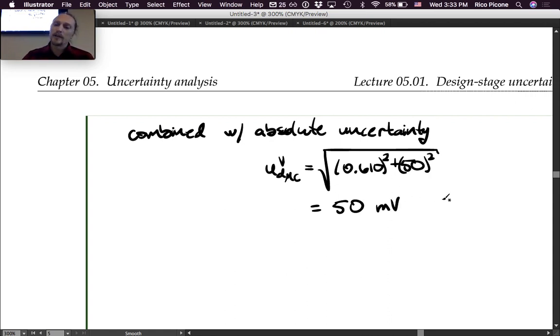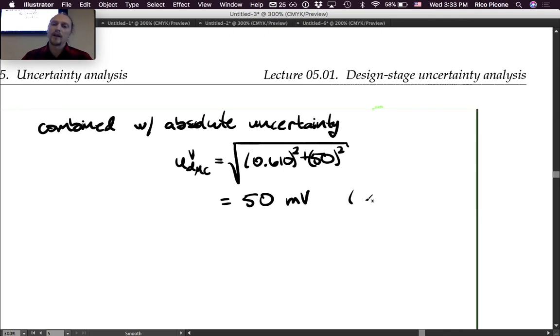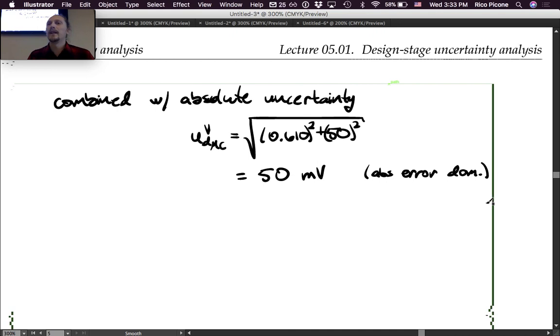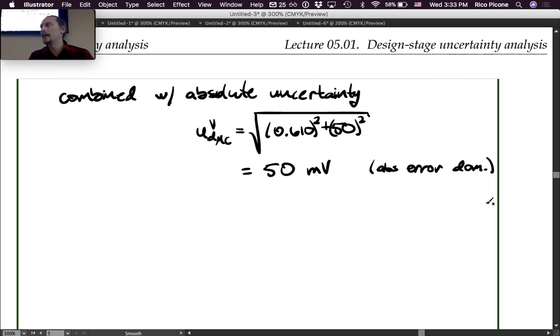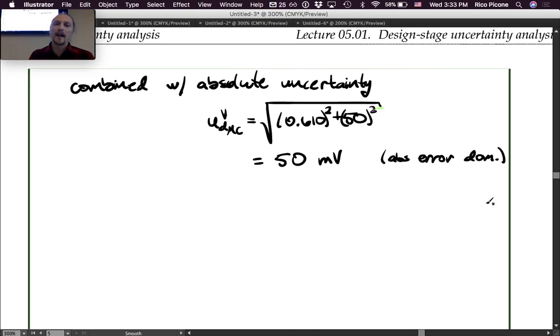So in other words, absolute error is dominant in this case. So we didn't need more resolution, that isn't really the problem here. We just have this absolute uncertainty.